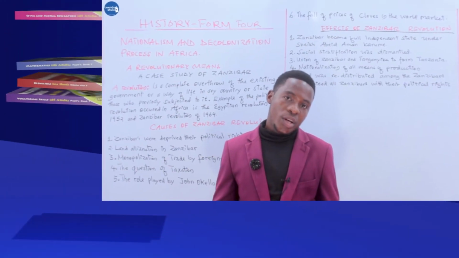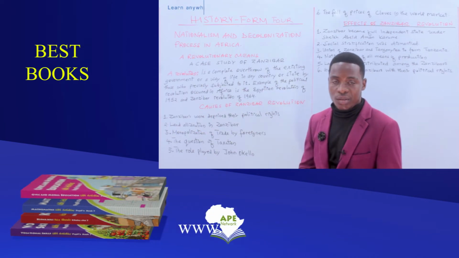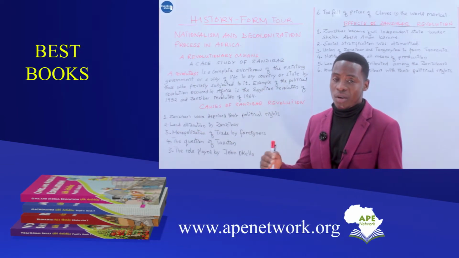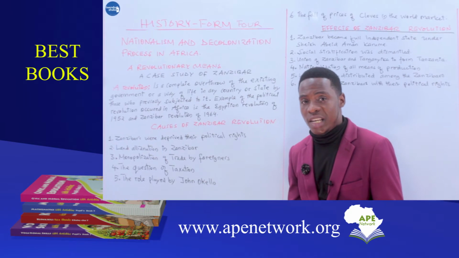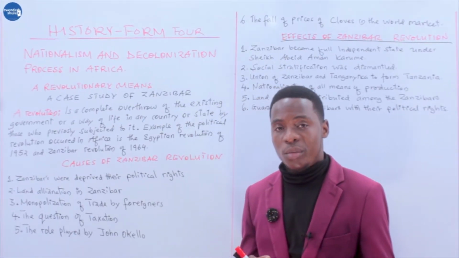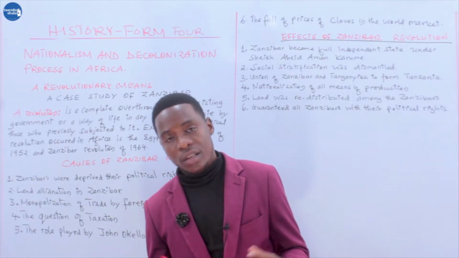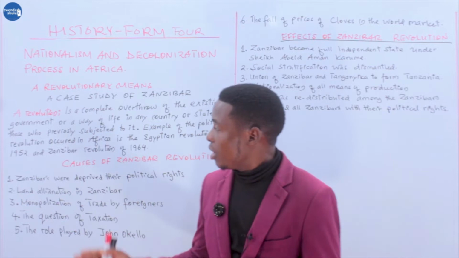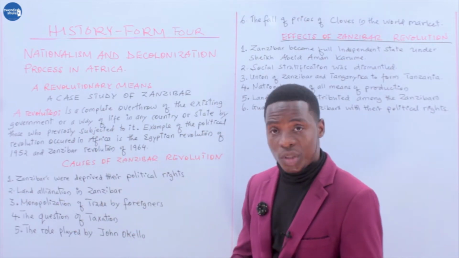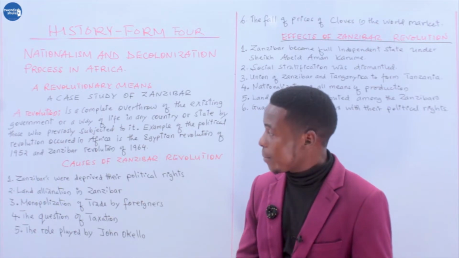Today we are going to see the revolutionary means. Remember, when we discussed the forms of decolonization in Africa, we discussed four forms: peaceful, constitutional means, revolutionary means, armed struggle, and the combination method.